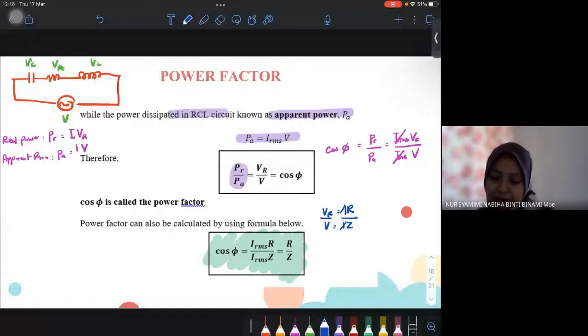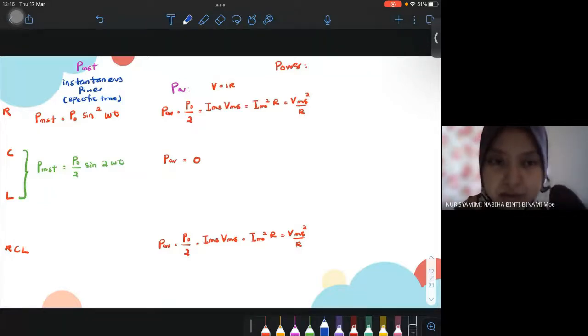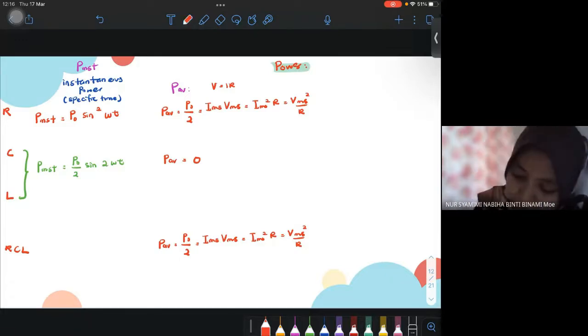Okay, so we can conclude in our summary just now. So we have power. In pure R there will be real power, which is P real equals I_RMS VR. And in RCL there is apparent power.